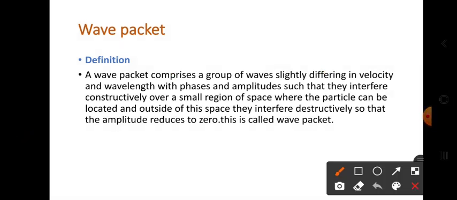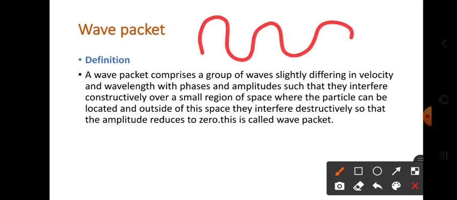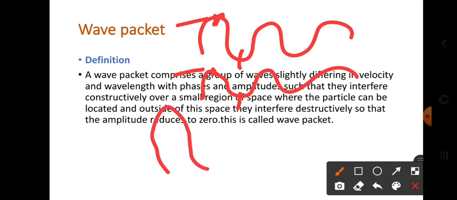Constructive means, for example, this is one wave and this is another wave, and it is a crest for this wave and for this wave it is also a crest, and a trough and a trough. When crest and crest interfere, they form maximum amplitude.